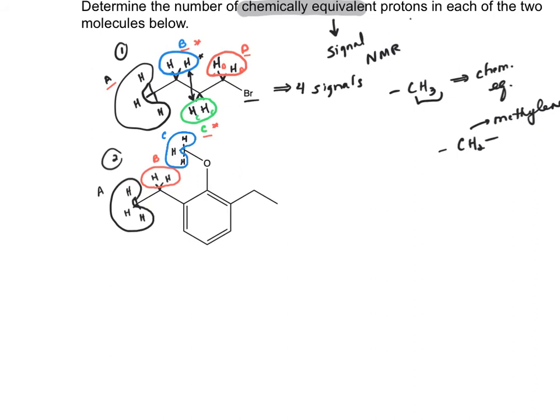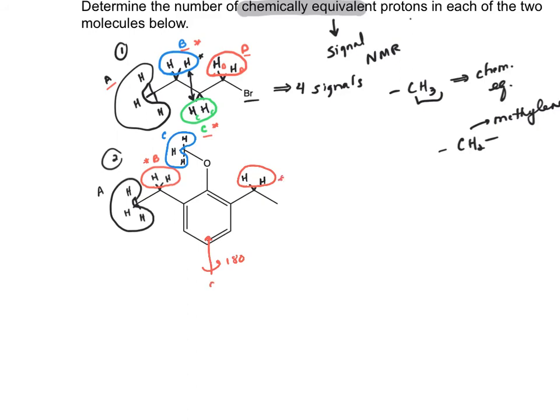And then as I go over to this side of the molecule, again, we have methylene protons, so they're going to be chemically equivalent with each other, but they also share symmetry with our B protons over here. If we spun this molecule and rotated it 180 degrees, we would get the exact same set of protons over here.